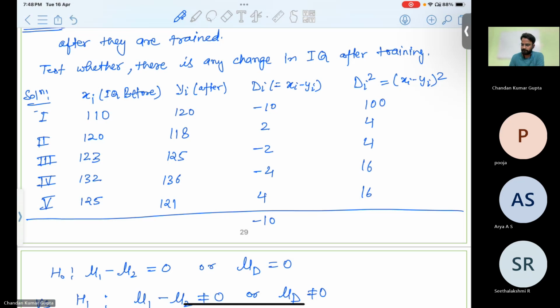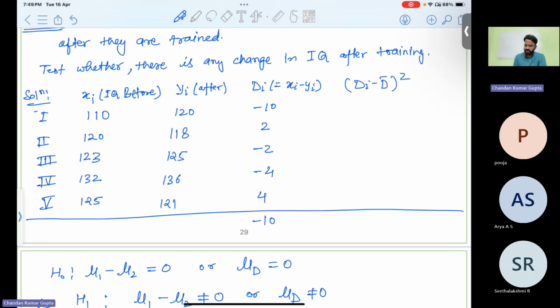Okay, let me write one thing. I made a mistake; I don't need to calculate di square. We need to calculate di minus d bar for SD, it is di minus d bar whole square.